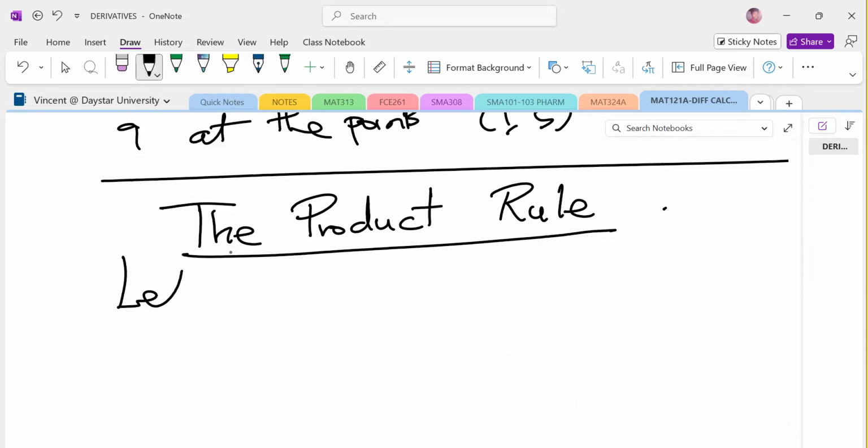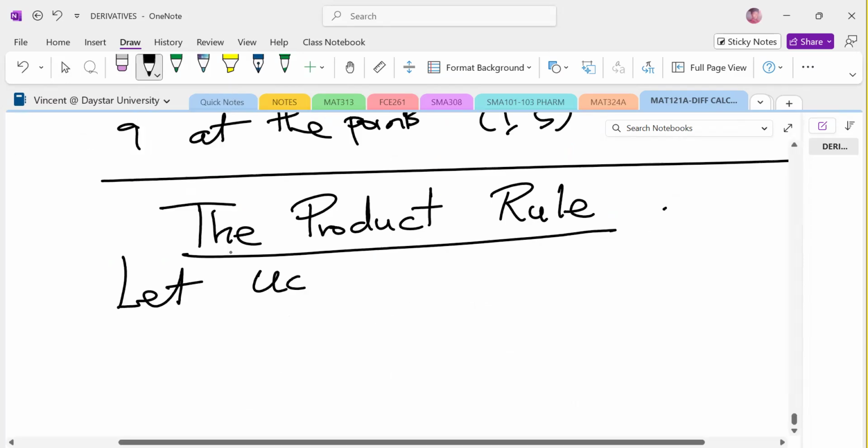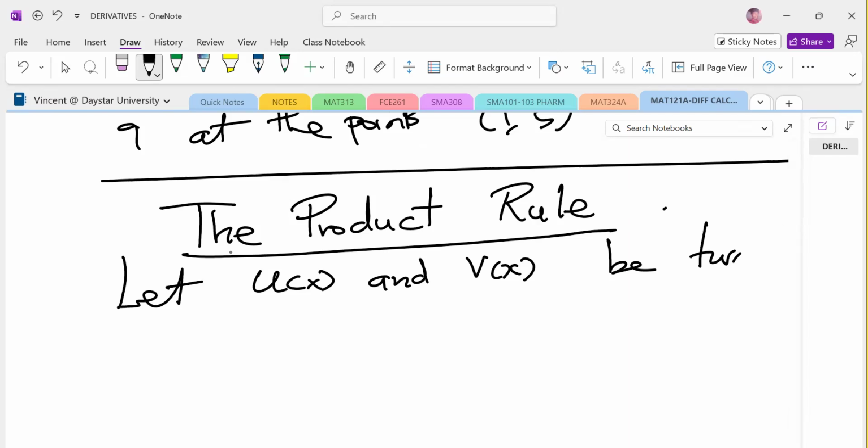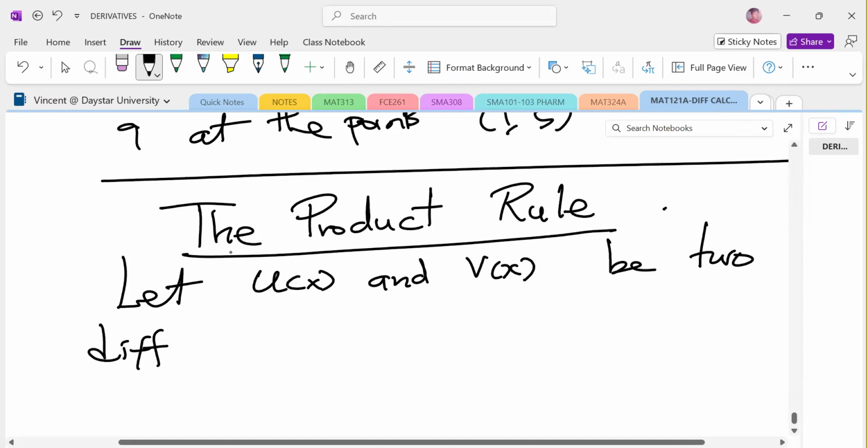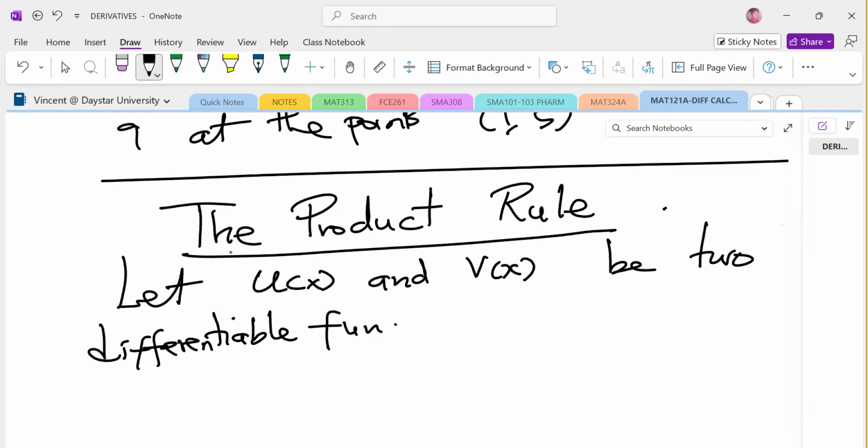So let u of x and v of x be two differentiable functions of x.